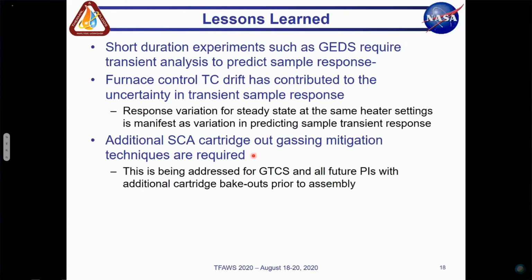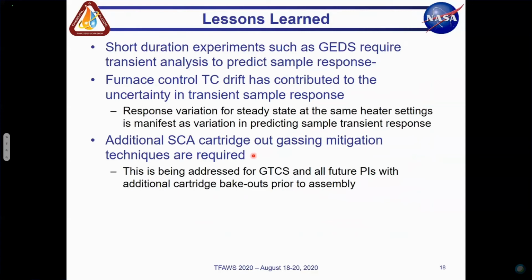So some of the lessons we learned from this experiment, from the thermal standpoint, is these short durations, such as GEDS, require transient analysis to make sure the response time of the samples is correct. And some of our future PIs we calculate their processing time in days, not minutes, so we needed to make sure we ran a transient analysis for this one.